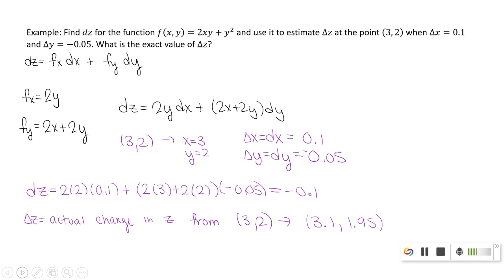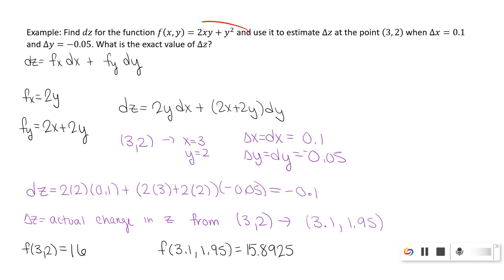Delta z is the actual change in z, starting at that point (3, 2), and then adding 0.1 to 3, so that takes us to 3.1, and subtracting 0.05 from 2 brings us down to 1.95. So delta z is the actual change in z when we move from (3, 2) to (3.1, 1.95). And so if I want to compute my actual change in z, I'll just take the numbers 3, 2, plug it into my function.